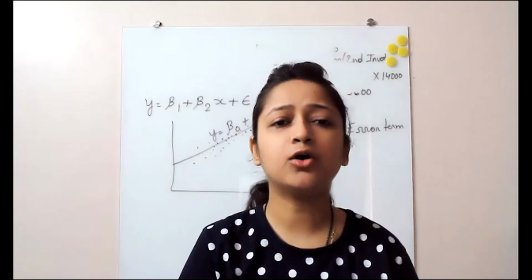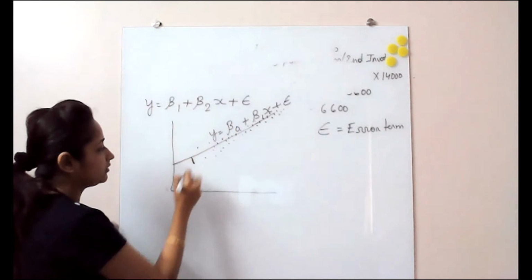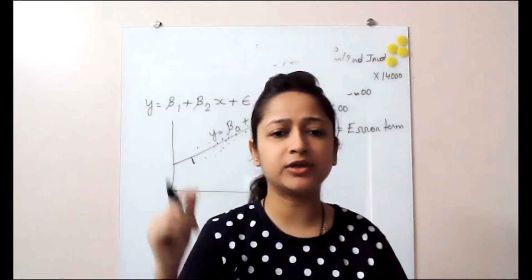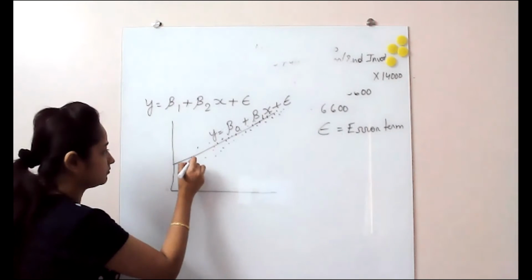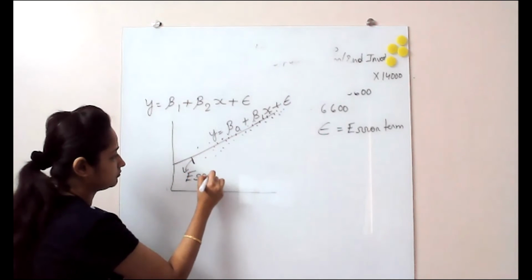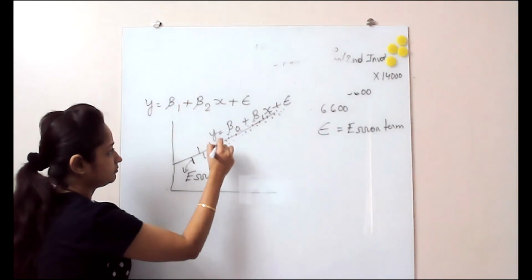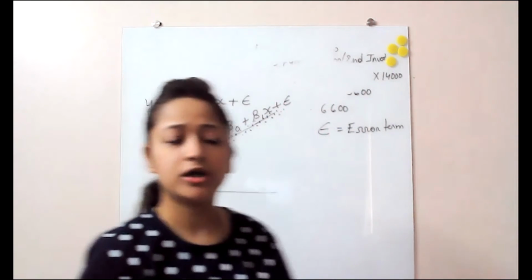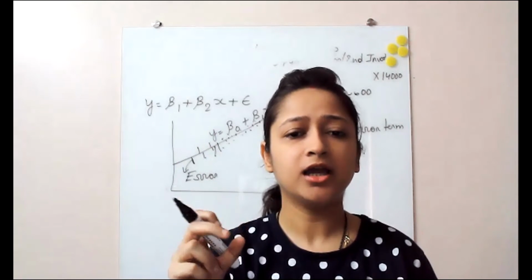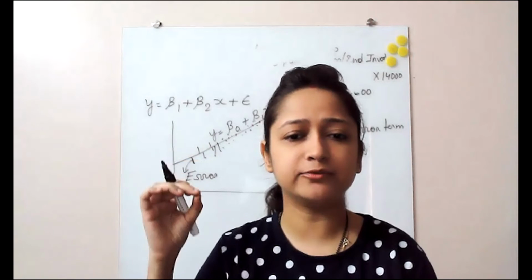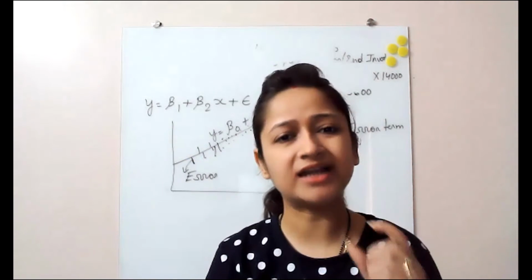So now what is error? The distance between the estimated and the actual one is error. So the distance between the predicted and the actual data, like we have predicted 6600 and the actual profit is 6400. So 200 is the difference, that is the error.